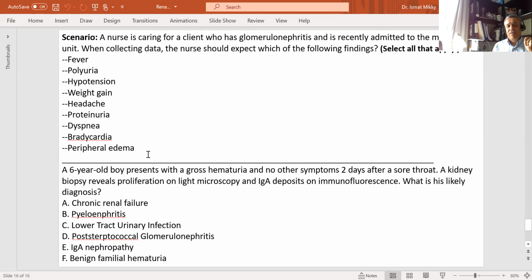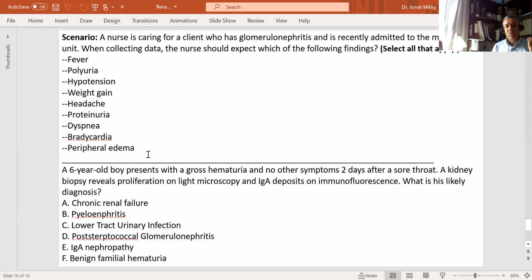So IgA nephropathy is called Berger disease, B-E-R-G-E-R, Berger disease, which is the most common form of acute glomerulonephritis worldwide, and especially in Asia.